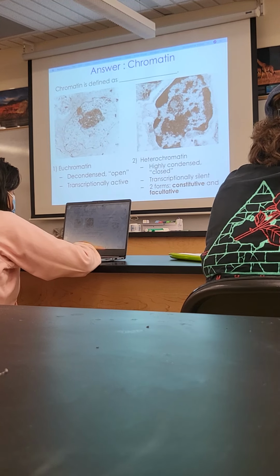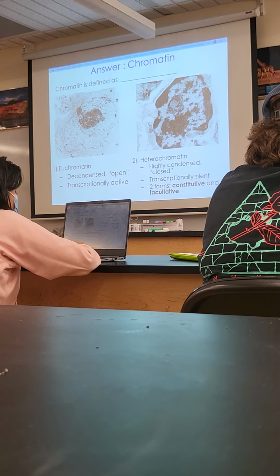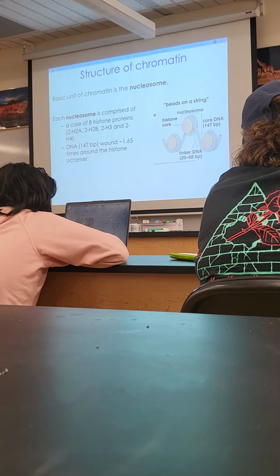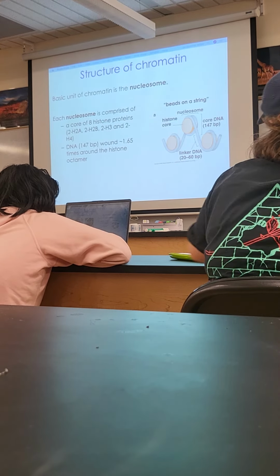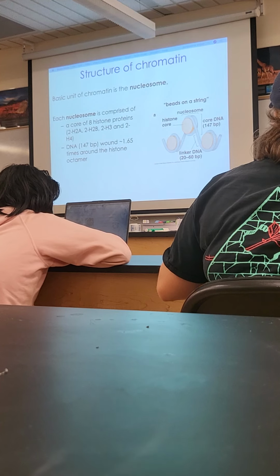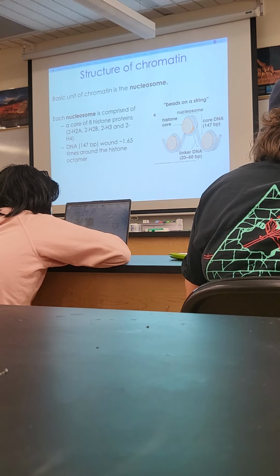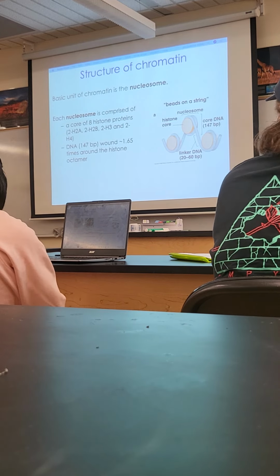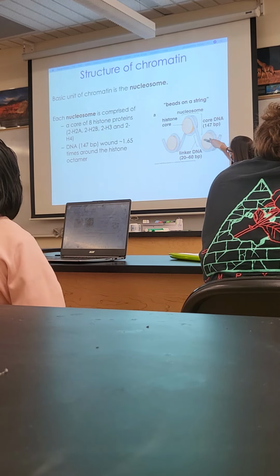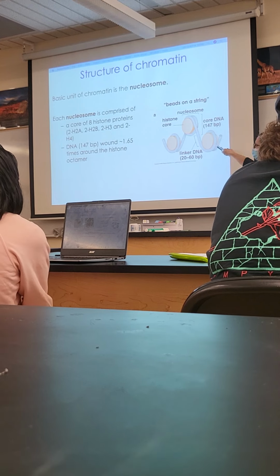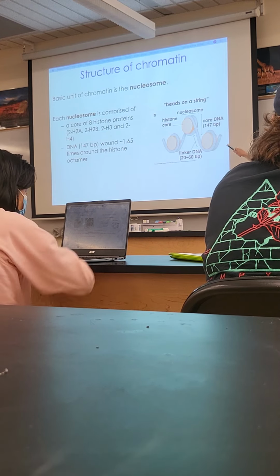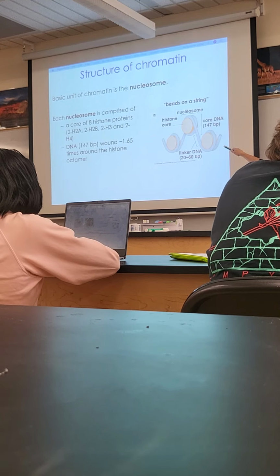Okay, so the chromatin itself, we said it's DNA complexed with histone, so let's look at the basic unit for chromatin. The basic unit is called the nucleosome, and the nucleosome has two parts: the protein part and the DNA part. The protein part in this picture is represented by just a single wheel, but it's actually made of 8 histone proteins.